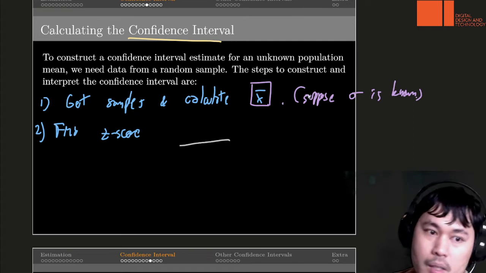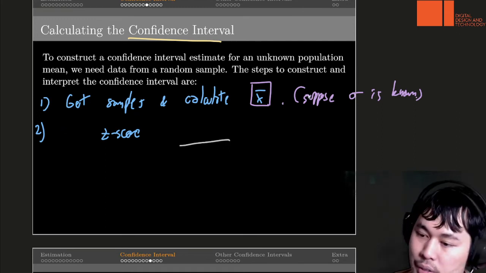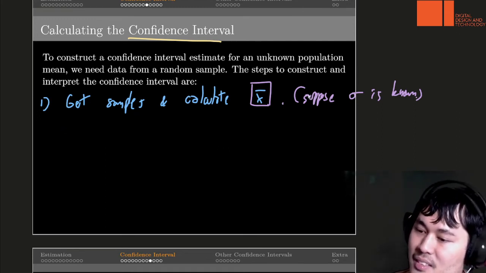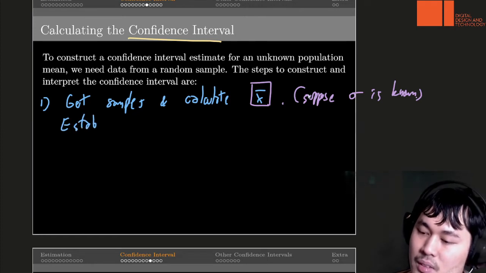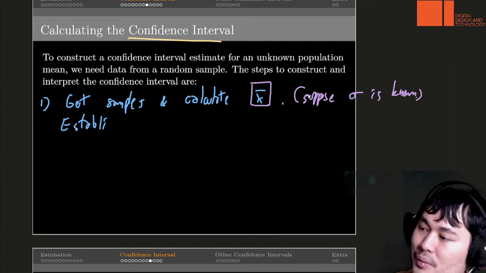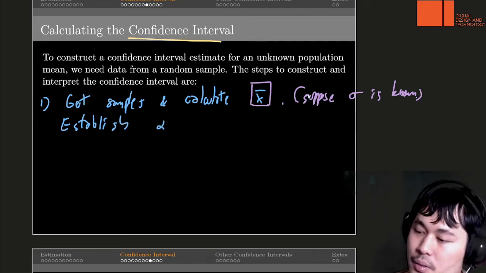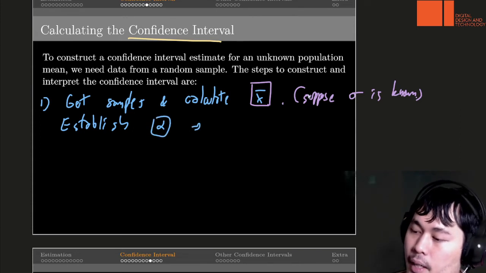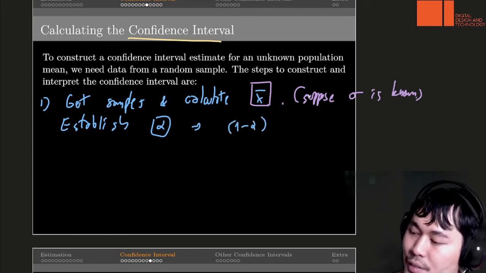We have to ask ourselves first what confidence level we need, which is to get alpha, and to get the 1 minus alpha confidence level.